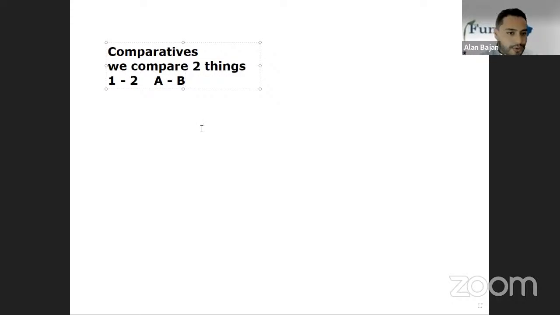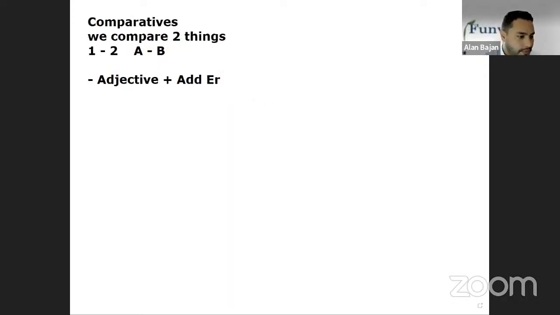All right, how do we do it? We add ER to the adjective. How's that? To understand it better, we will place the adjective first. Okay. For example, we have some rules to learn the comparatives.